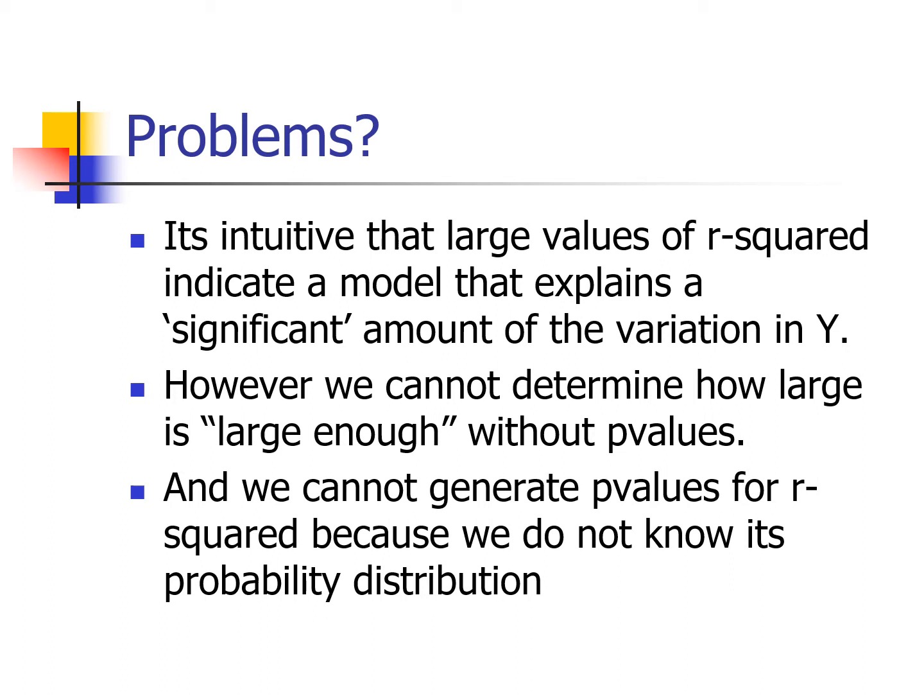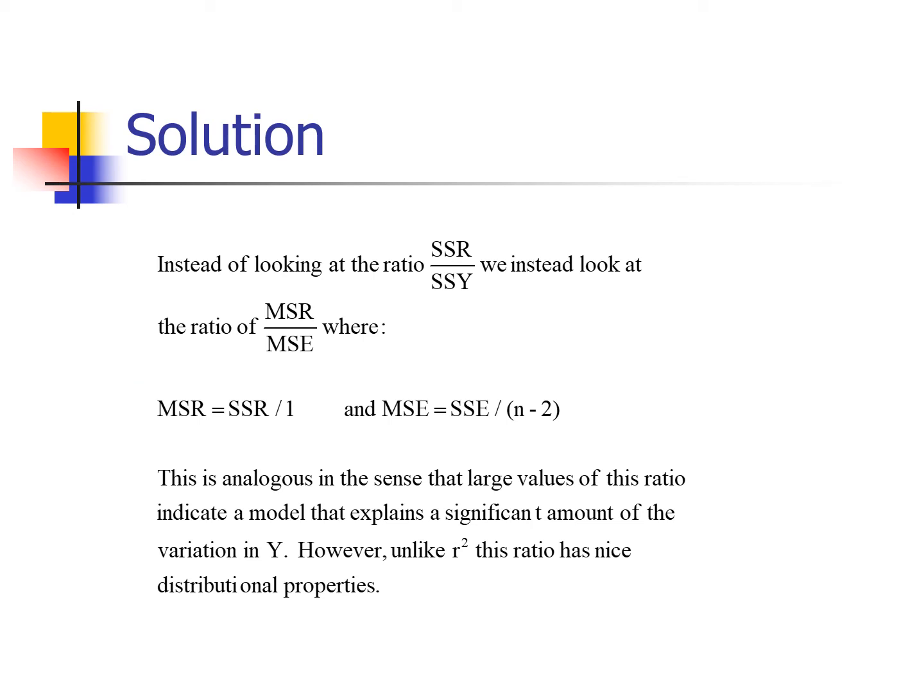So the question now becomes, how do we do that? Well, the solution is this. Instead of looking at the ratio of SSR to SSY, what is that again? Sorry, I didn't get a lot of sleep last night. What's SSR over SSY?